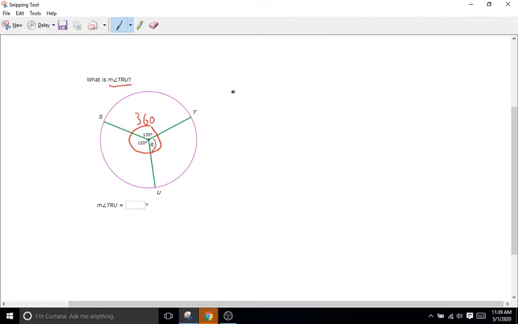So all we're going to do is write down 120 plus 130 plus our missing R equals 360. Okay, 120 plus 130 is 250 plus R equals 360.